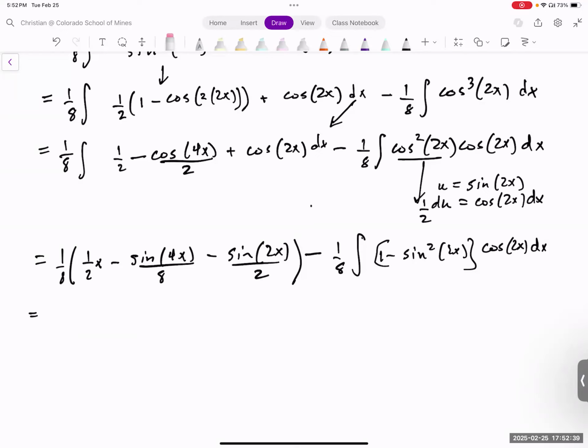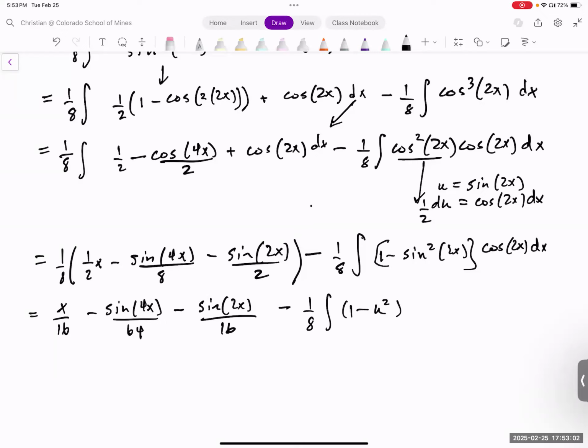I'm going to distribute the eighth. We have x over 16 minus sine 4x over 64 minus sine 2x over 16 minus an eighth, and then we're integrating 1 minus u squared du, and then times a half. So let's make it a 16th.